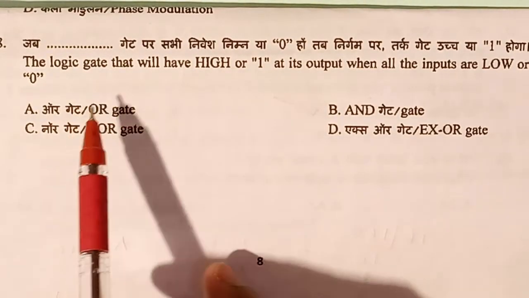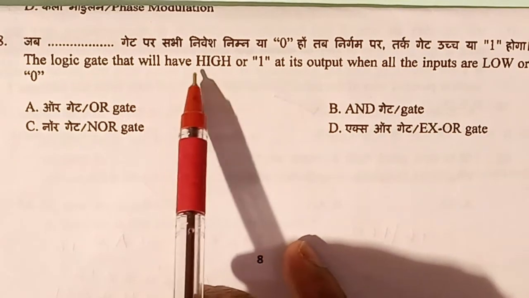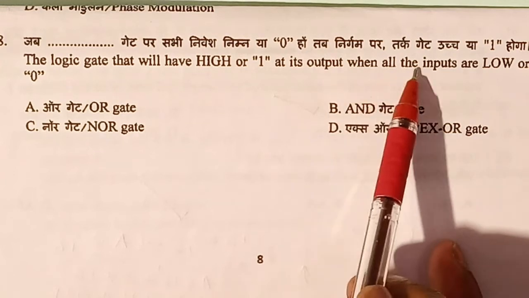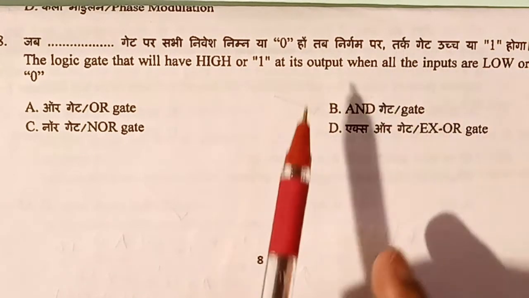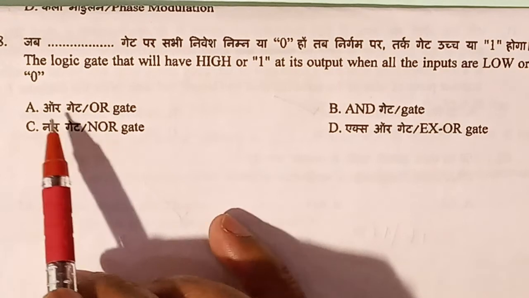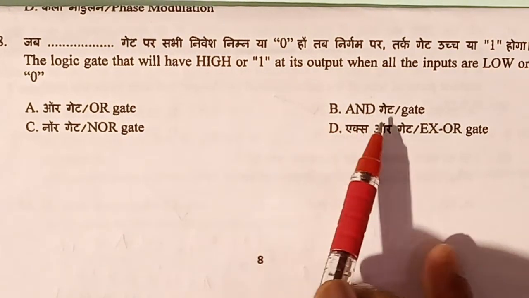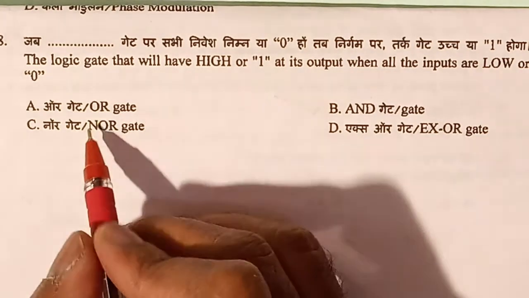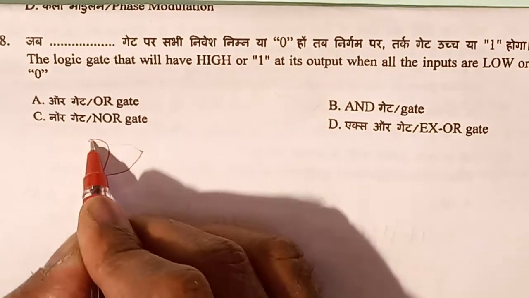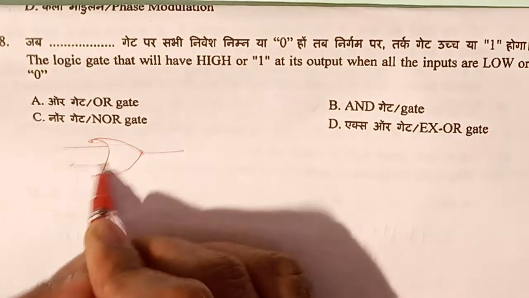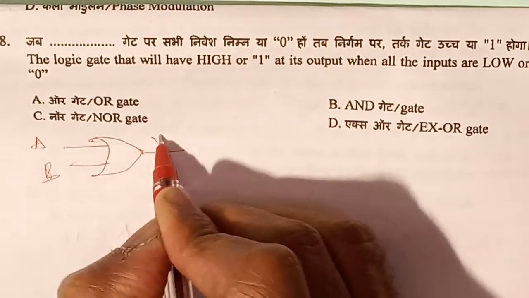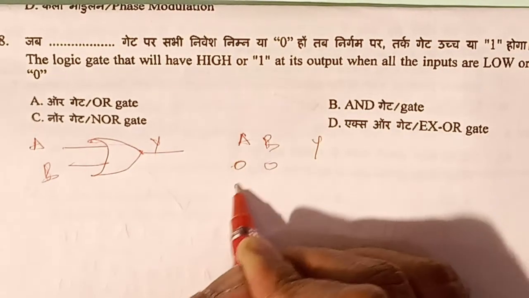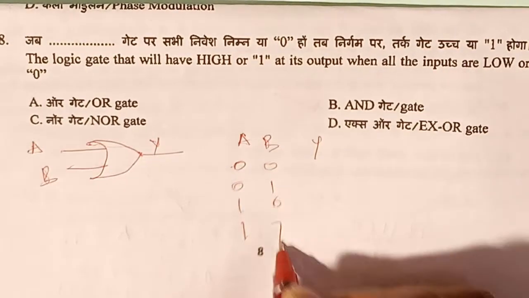Question number 48. Which logic gate will have high or 1 at its output when all the inputs are low or 0? Option A OR gate, option B AND gate, option C NOR gate, option D XOR gate. Now, if I write the truth table for OR gate, A, B and Y, where Y is the output: 0 0, 0 1, 1 0, 1 1.